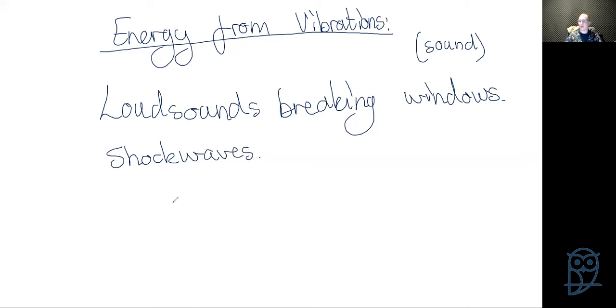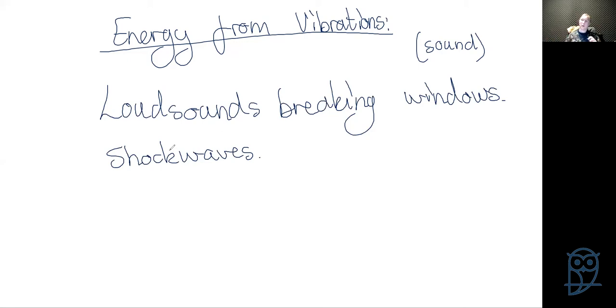Technically, earthquakes are also a kind of energy that is carried by vibrations. So this category does not just cover sound. This category covers a whole big broad spectrum of things, but it is the energy being carried in something that vibrates. Normally it's the air.